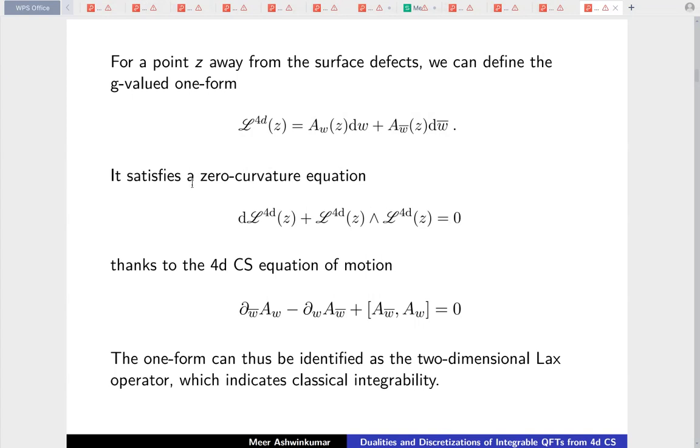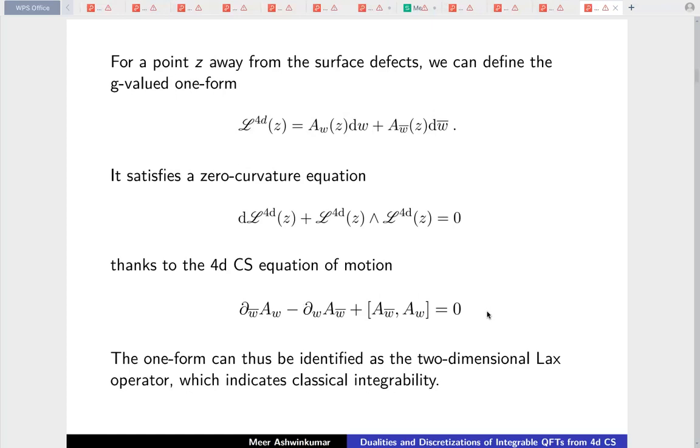And the advantage of using 4D Chern-Simons theory to realize integrable field theories is that the Lax connection is just the gauge field of 4D Chern-Simons theory, or to be specific, the gauge field in the directions of W and W bar. And the flatness of the Lax connection is just one of the 4D Chern-Simons equations of motion, which is just this, the flatness along sigma.